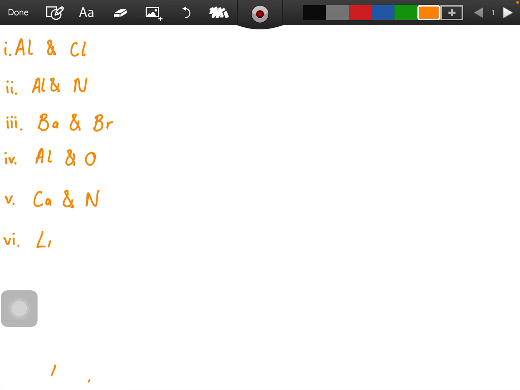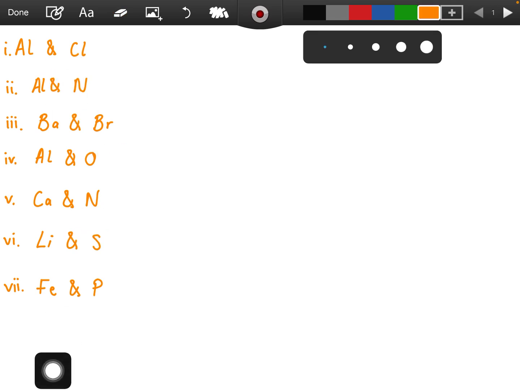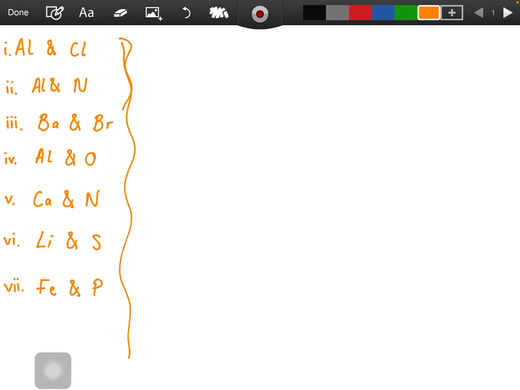We'll do lithium with sulfur, and we can do another one. Let's do iron with phosphorus. Okay, now we can do this one together. We'll do the iron and phosphorus one together. But do still write it into your copies. Okay, so those are the ones that you guys are going to do for me in today's work.